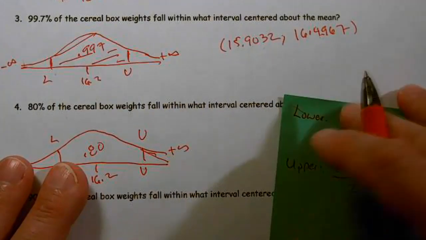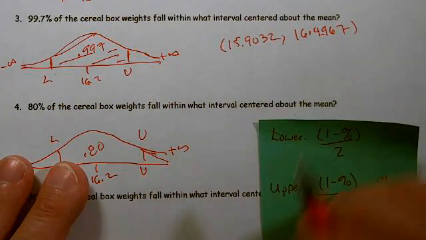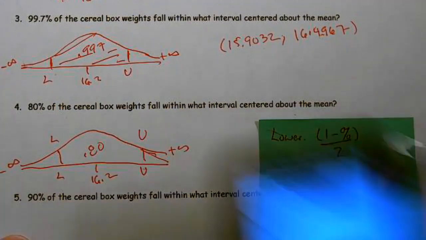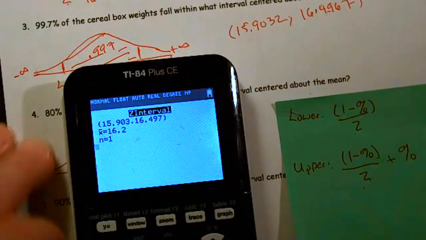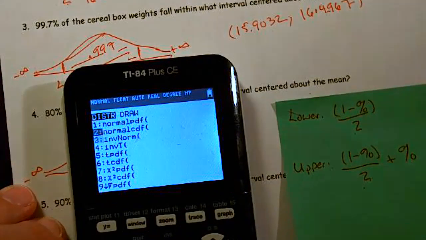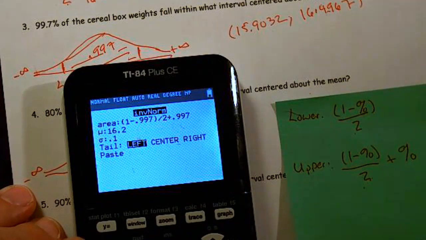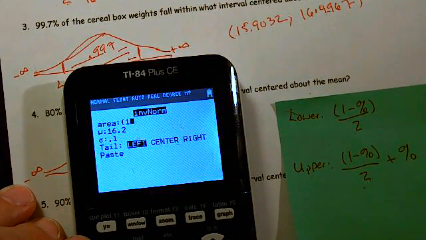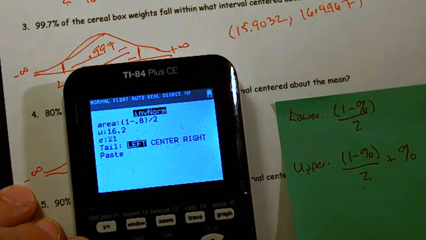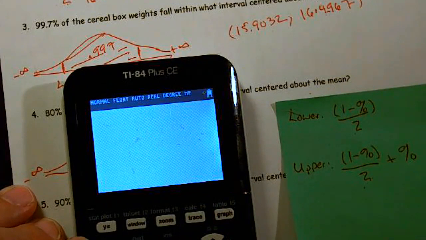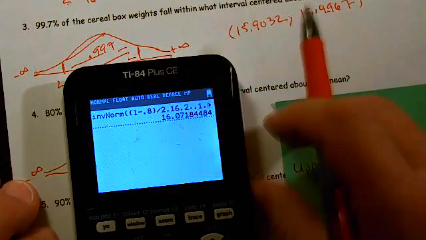Right, here's our formula. Second vars, inverse norm, clear, parenthesis, 1 minus 0.8, close parenthesis, divided by 2. Mean is 16.2, standard deviation is 0.1. And we get 16.07.